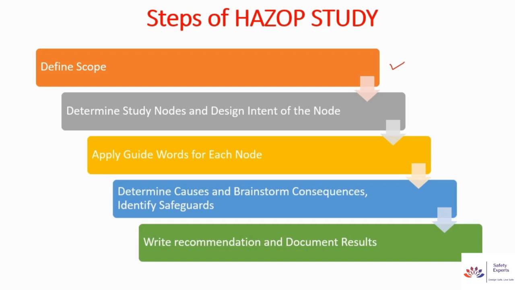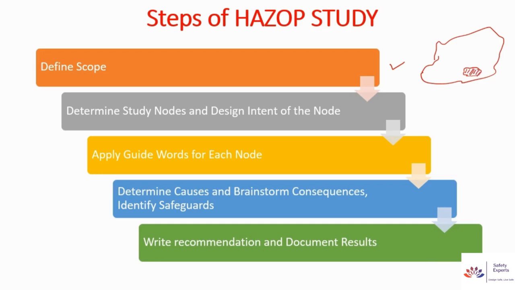That may sound a little new to you. The node is nothing but a section of the process. If this is your whole process, you cannot do the hazard study on the whole process at once. So you will divide it into small sections. One section of the process is called a node.